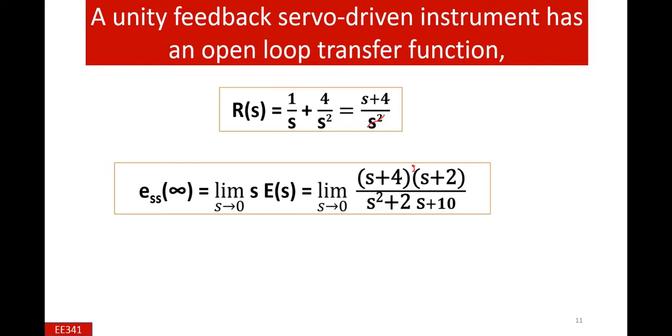In the last slide we have s here and also s here, so this s is cancelled out by the s square. Finally we have these terms, and after applying the final value with s approaching 0, we have steady state error equal to 0.8. You can simulate it using the command and also by using Simulink. It's simple.